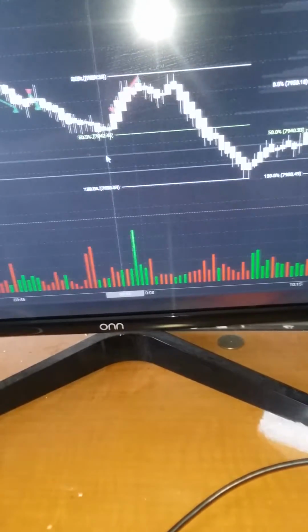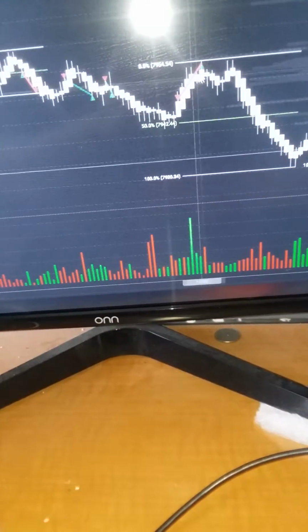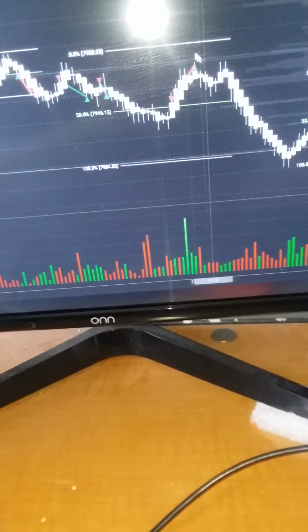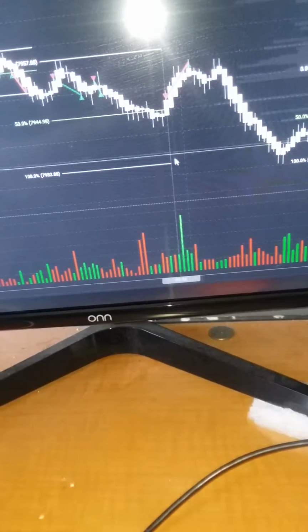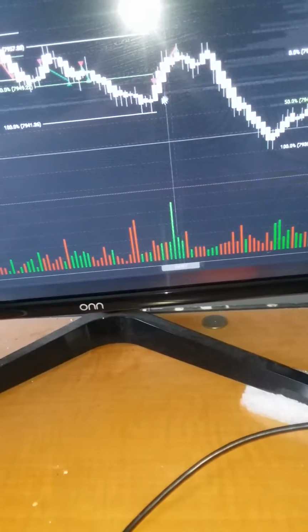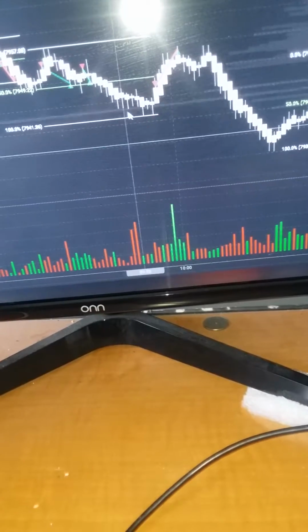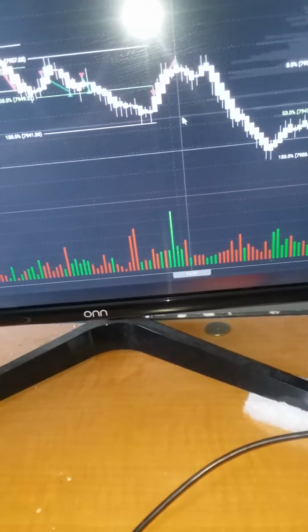Let's take another look here. Now, one thing that's really great is on this trade here, all I did was I fibbed out this move. All right. So this came down. I went short at the 50, looking for it to come down here.